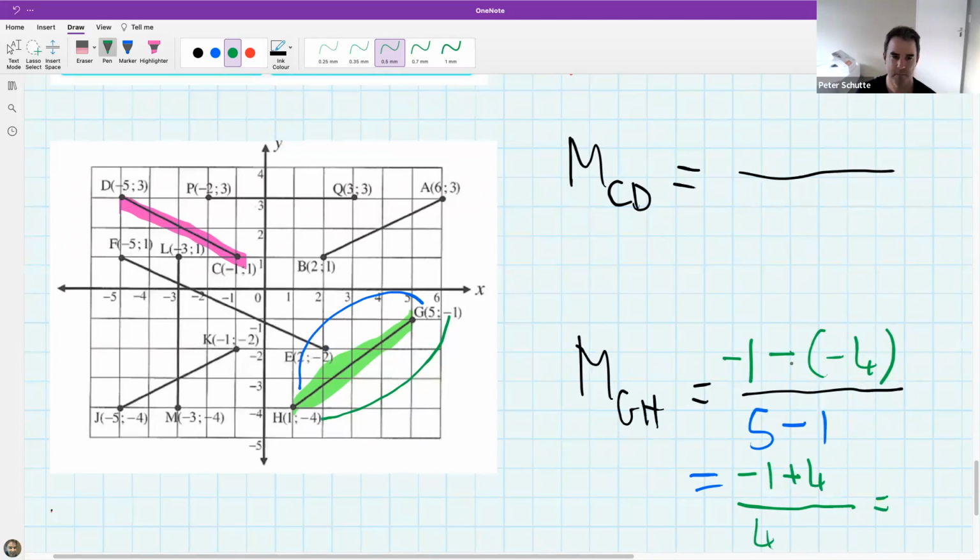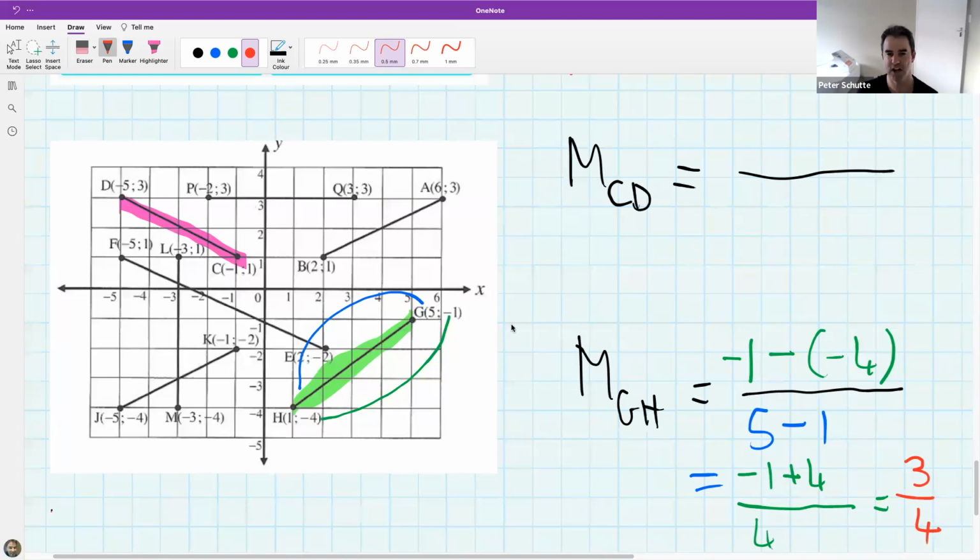What's going on here? Negative 1 minus negative 4 is plus 4. Oh, that's correct. The negative 1 plus 4 gives me 3 over 4. So GH, I get 3 over 4.